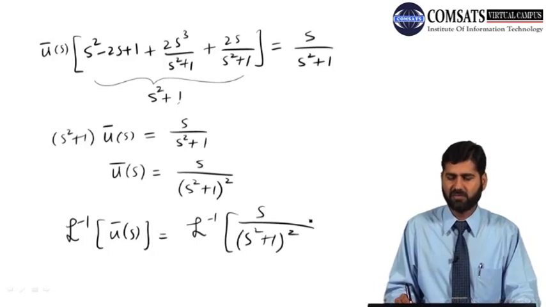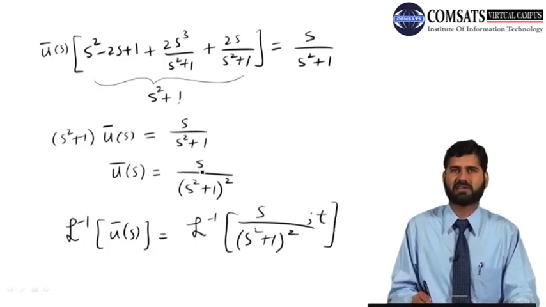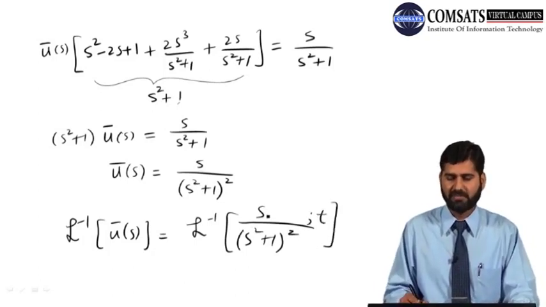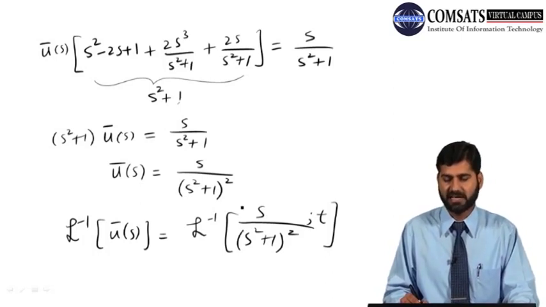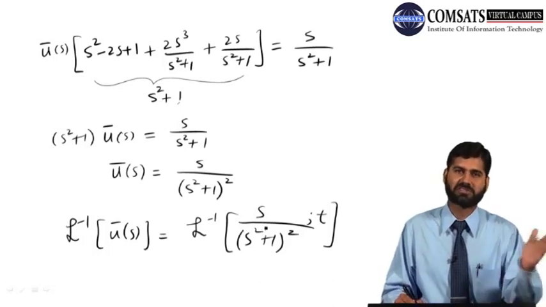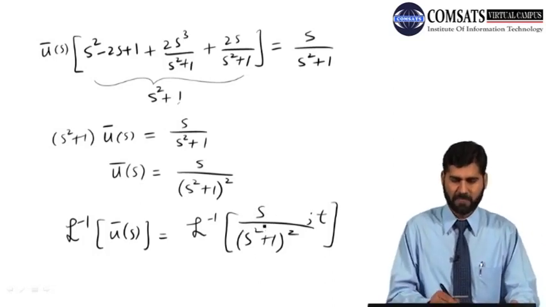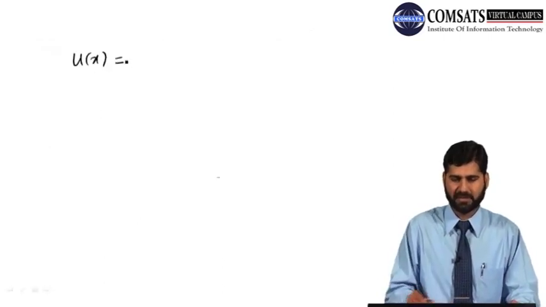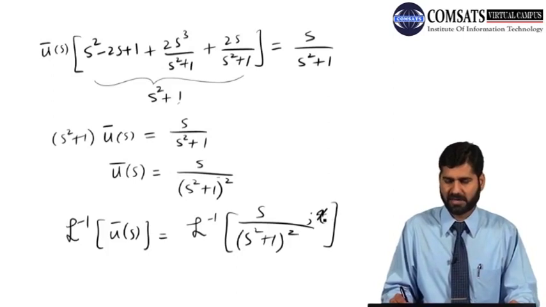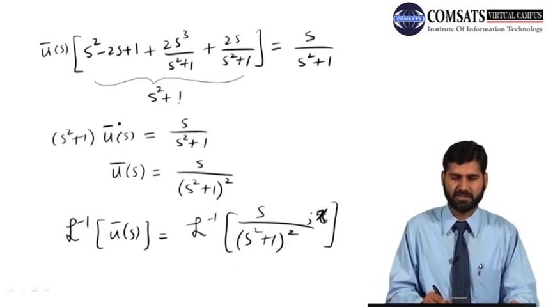And if you recall, we have just solved this Laplace inverse in an example. I mentioned over there that if I multiply by 2a and divide by 2a, this is the derivative of the Laplace inverse of sine at, so you just multiply by t. All right. So u of x becomes, not t, I am converting this back to x, not to t.